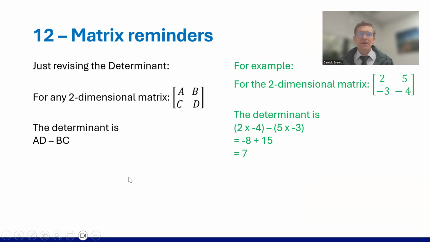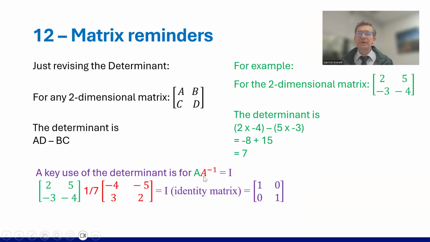The key use of the determinant is A to the negative 1 equals I, which is the identity matrix. So this is a really common use for finding the determinant, is to find the inverse, or the A to the negative 1. And how you're doing that, again, a reminder, won't necessarily be in the assessment, might be. 1 over 7 is the determinant.